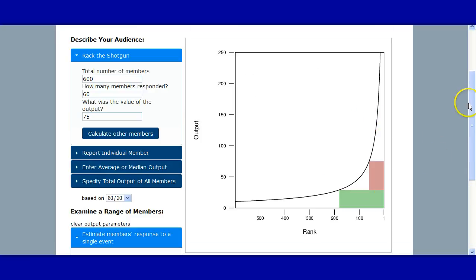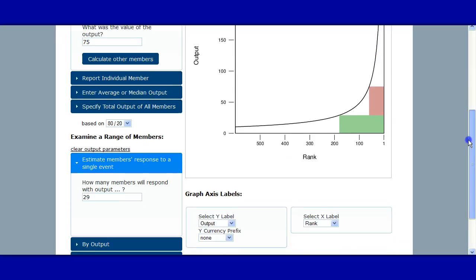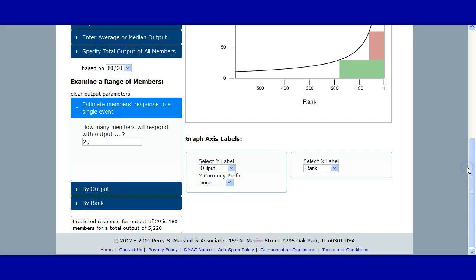Okay, so the green is pretty thick now, and this shows us that out of those 600 leads, we would generate 180 members. Okay, so that would give us $5,220 in sales.